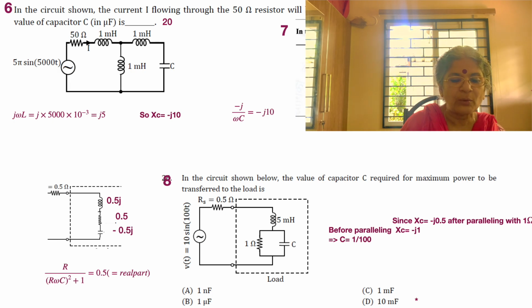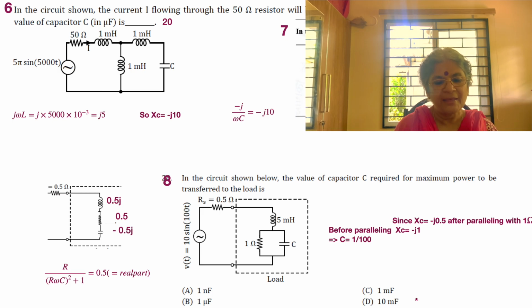So if this is 1 ohm, the other will have to be again 1 ohm. Okay, so in that manner also you can calculate, and that's how it has been done on the right hand side. Since XC is minus J0.5 after paralleling with 1 ohm, before paralleling it is XC equal to minus J1.